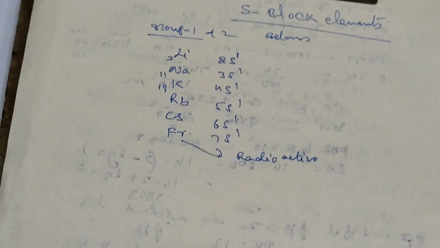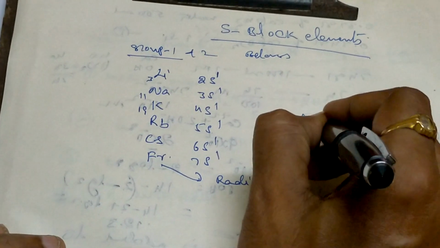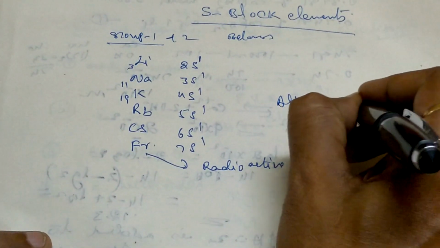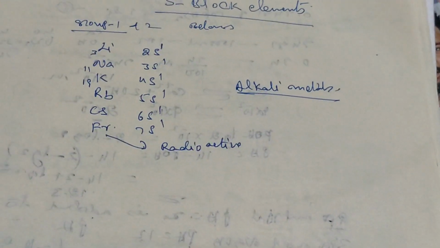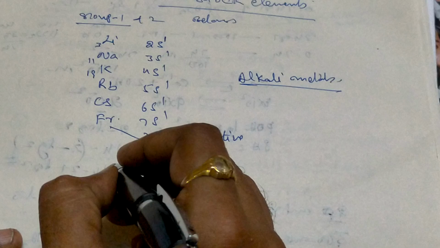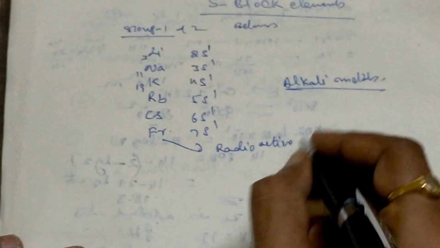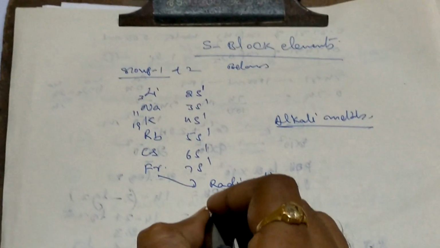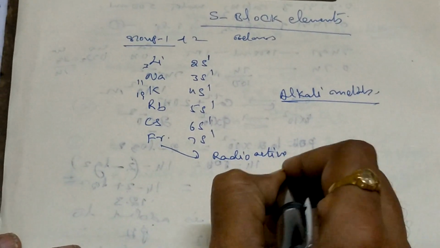These Group 1 elements are normally called alkali metals. They are all metals. Why alkali metals? On reacting with water, they give hydroxides.